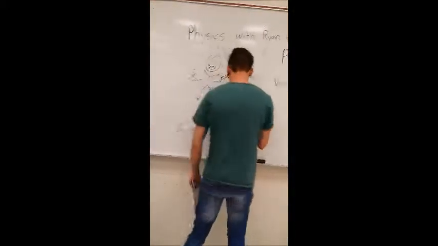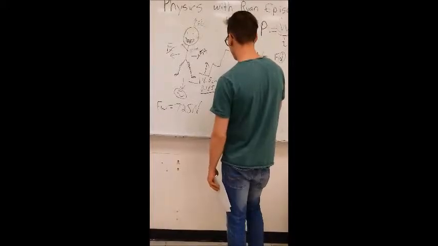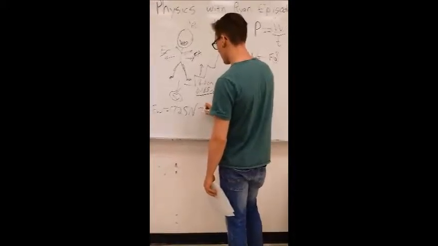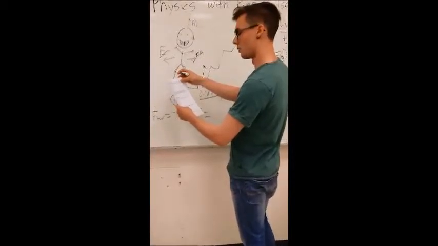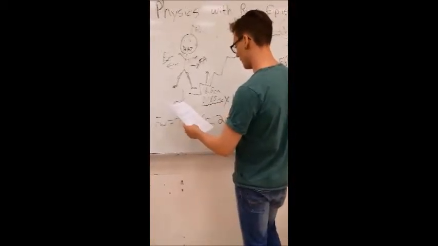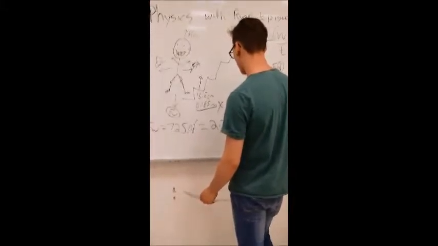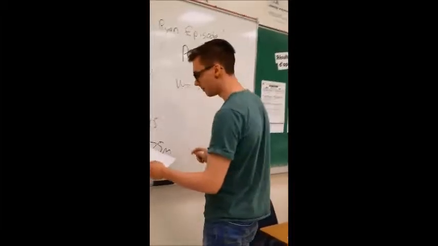So we took this 0.185 and we times it by 15. So that is equal to 2.775 meters. Okay, so now we have our distance.